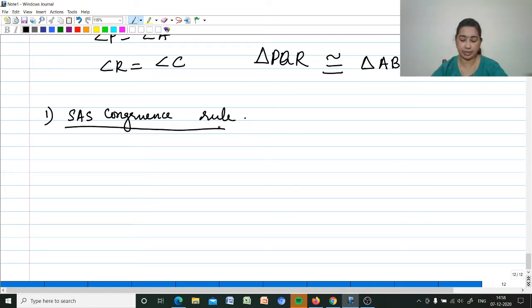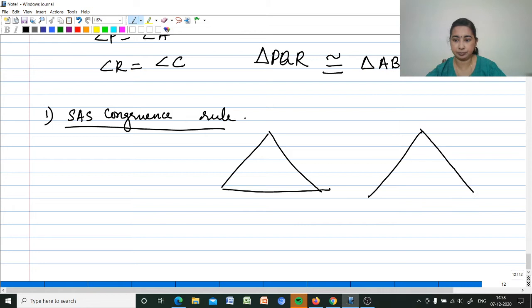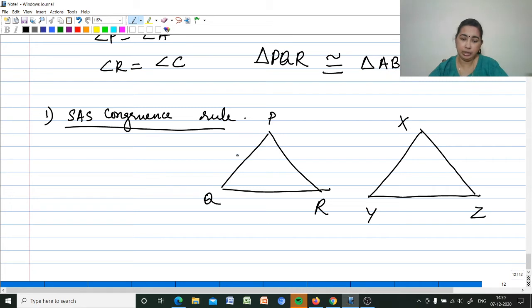What do you mean by SAS congruence rule? Two triangles are congruent if two sides and the included angle of the two triangles are equal. If I am considering two triangles here, let this be one triangle, this be another one, and let this be P, Q and R. This is X, Y and Z. Here given that this side is 3 centimeter, then YZ is given as 3 centimeter and QR is equal to 5 centimeter.